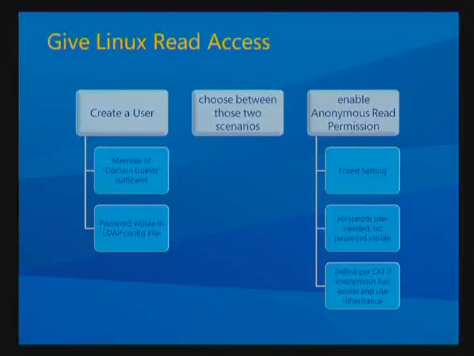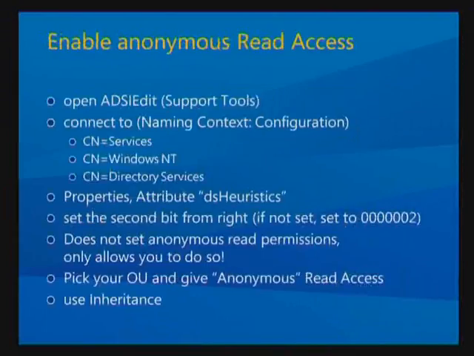How to do this? If you go to an organizational unit, right-click, say Properties, Security, and add Anonymous and give him read access, it doesn't work. It will show you that Anonymous has read access, but actually Anonymous has no read access because there's a security flag that blocks it. So you have to set this flag or unset the flag, and it's called dSHeuristics.